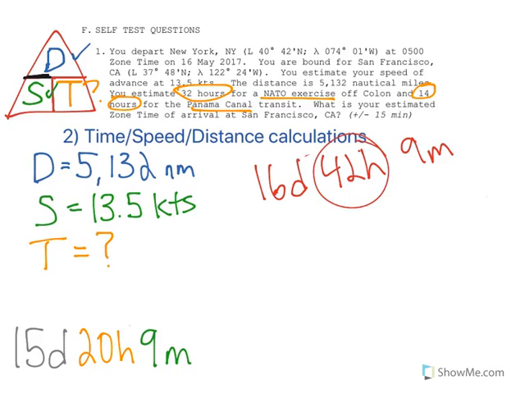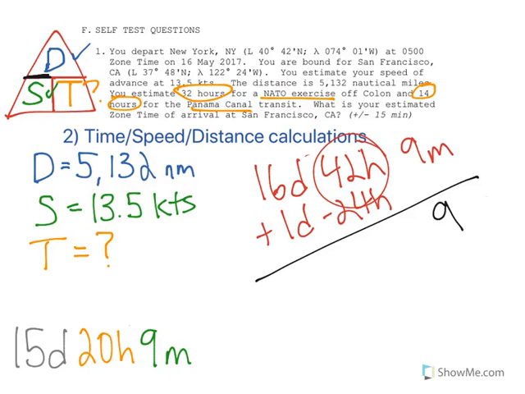Now you can't have 42 hours in one day, so we'll have to subtract 24 hours from there. So we'll subtract 1 day's worth of hours from there, and we'll add a day onto the days. So add a day there, subtract a day there, so it equals out. So the total time it'll take is 9 minutes. 42 minus 24 is 18 hours, and 16 plus 1 is 17 days.